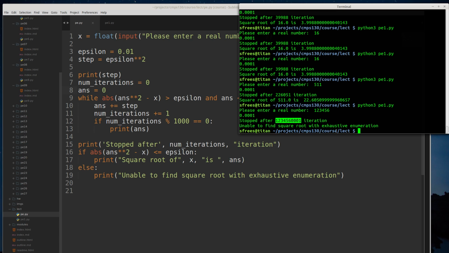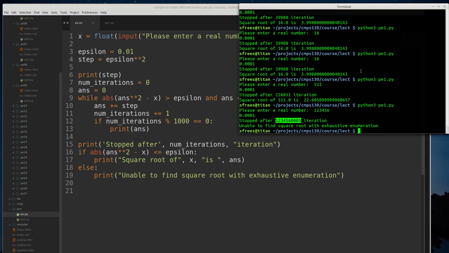The reason we were unable to find the square root of that value is because our step was too large. If you try this on your own, you can see just how long this will take to run. I think it would probably take hours if you decreased the step, and the only way to actually get the true answer is to decrease the step. So what we've done here is we've used a simplistic approach.